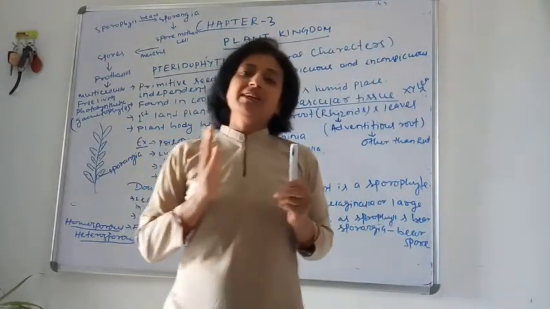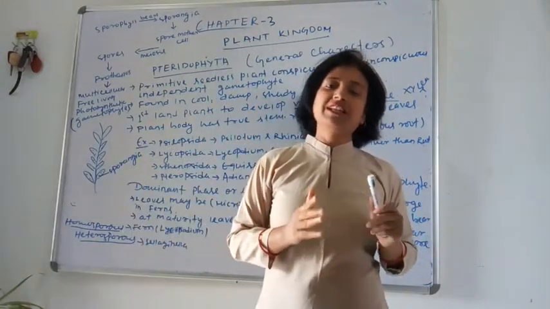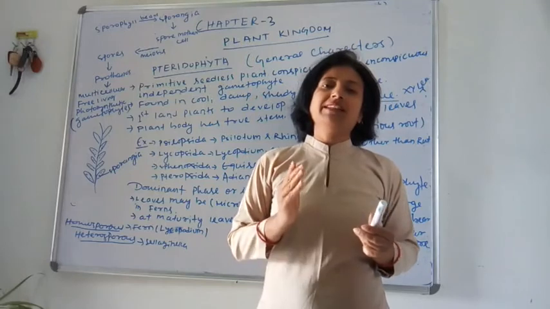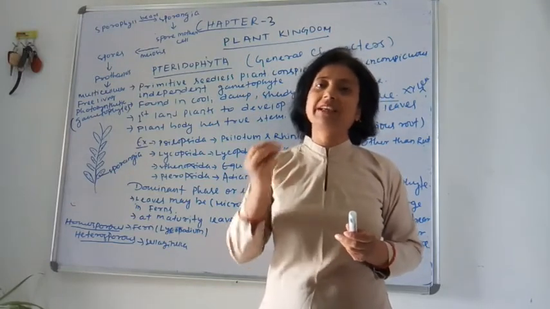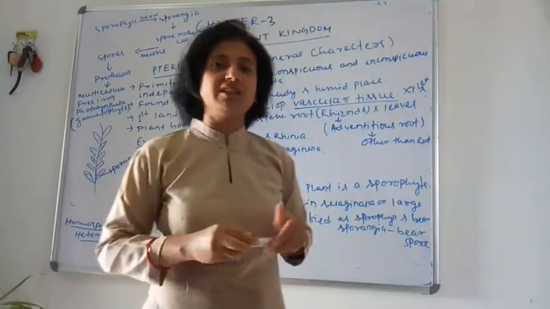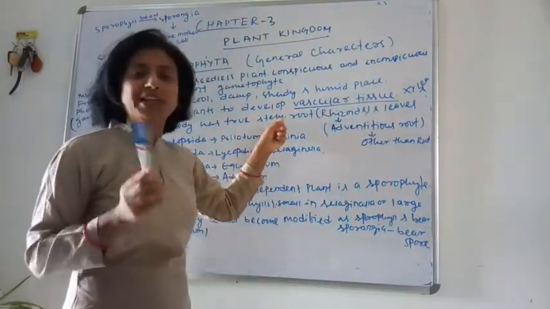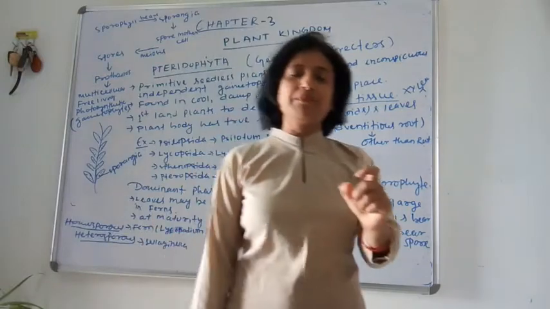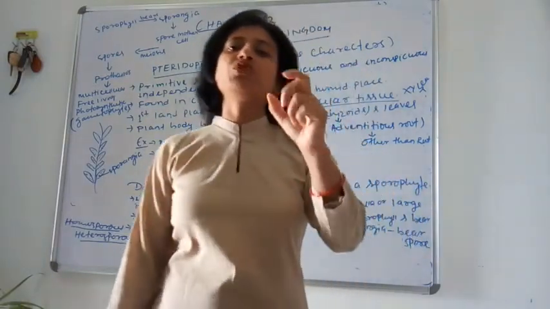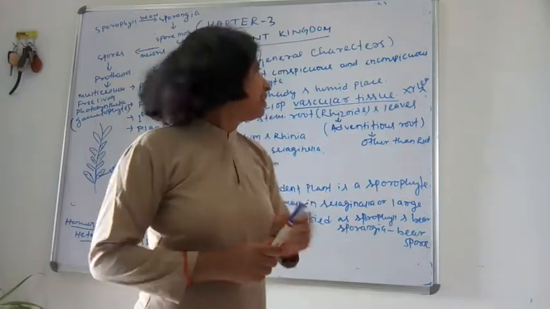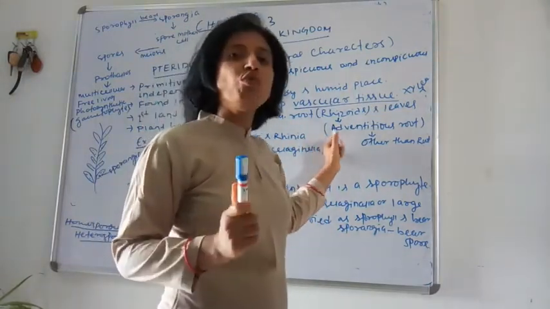Next, the plant body has true stem, root, and leaves, with rhizoids in case of adventitious root. Recall that yesterday I told you the species of bryophytes have root-like, stem-like and leaf-like structures. But pteridophytes have true roots which hold the soil tightly, true stems which hold the leaves, and true leaves.